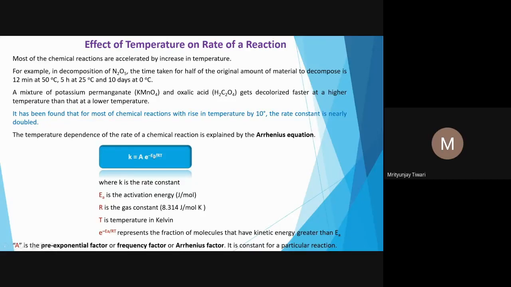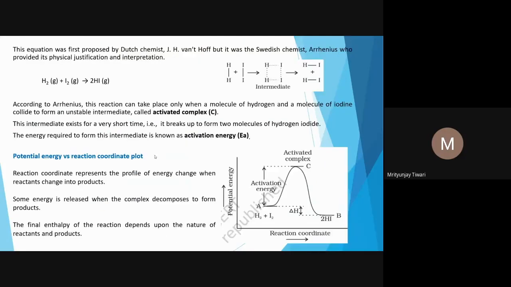And EA, the activation energy or energy of activation, is also constant for a particular reaction. So EA does not depend on the temperature; it is constant for a particular reaction.